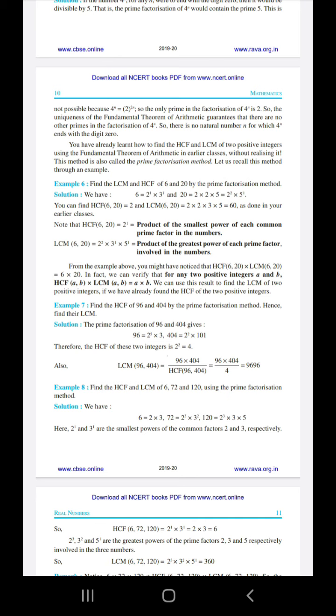This is not possible because 4 to the n equals (2 squared) whole raised to n, equals 2 raised to n.